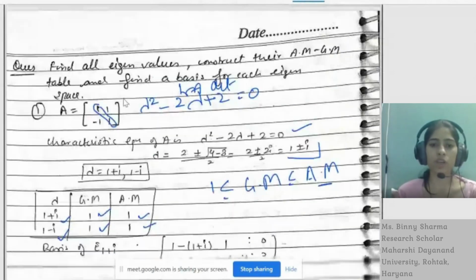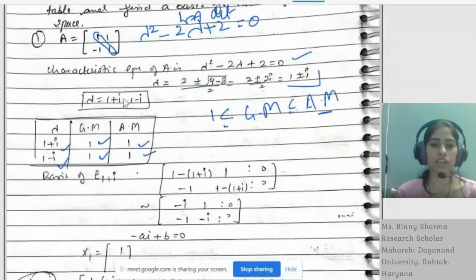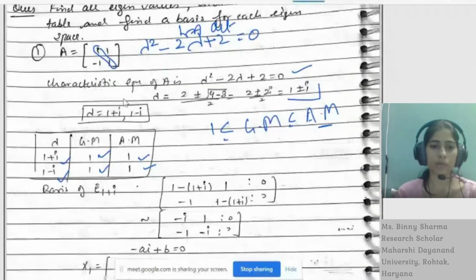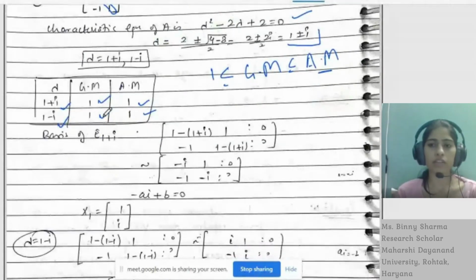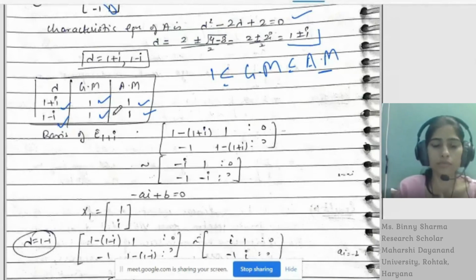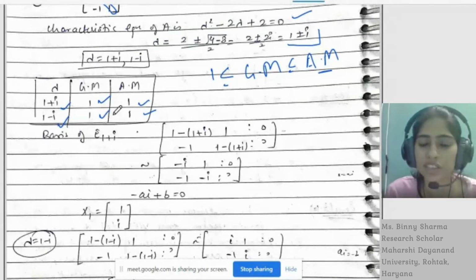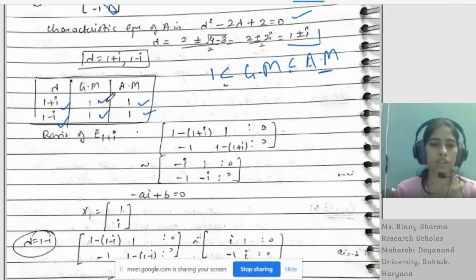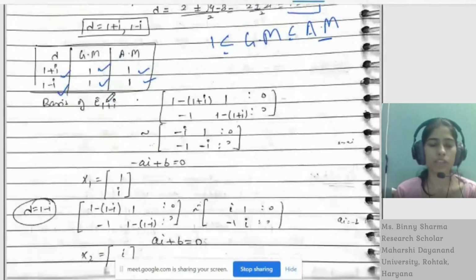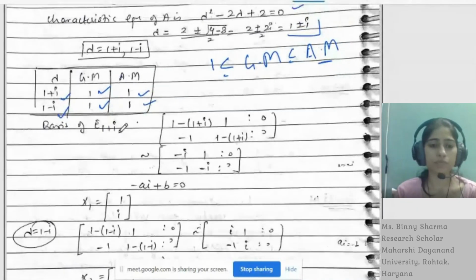In this way, we construct an AMGM table. This table is important to decide whether a matrix is diagonalizable or not, so you have to know how to make this AMGM table.